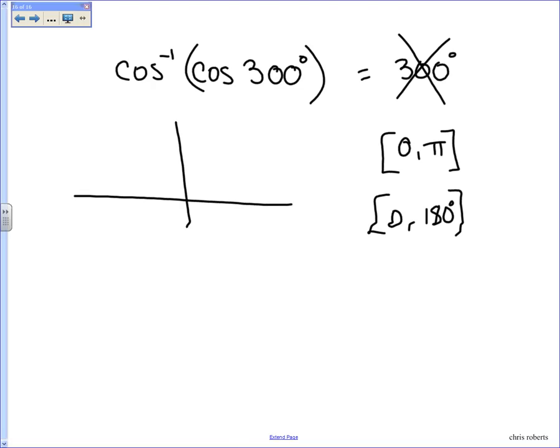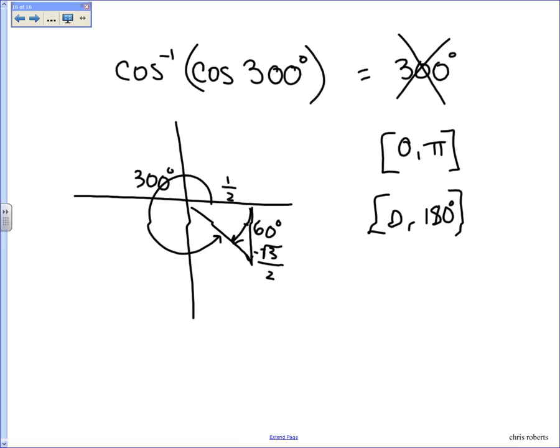If we look at 300 degrees on the unit circle, 300 degrees would be here. That's our 300 degree mark, which leads us to this being negative 60 degrees. To get to 60 degrees, I'm going to go out a little bit, which is a half, and down a lot, which is negative root 3 over 2.